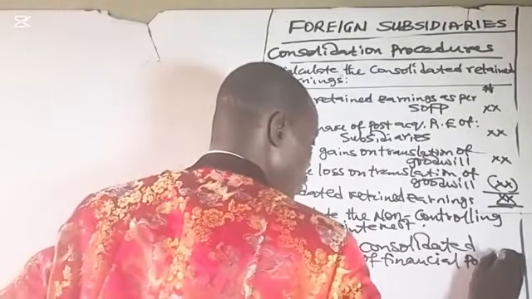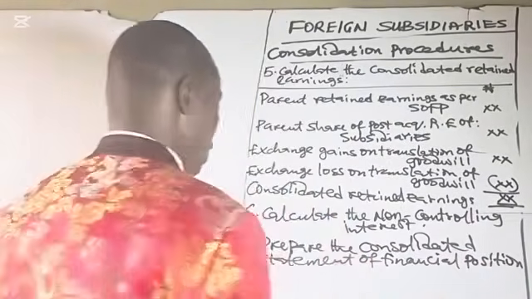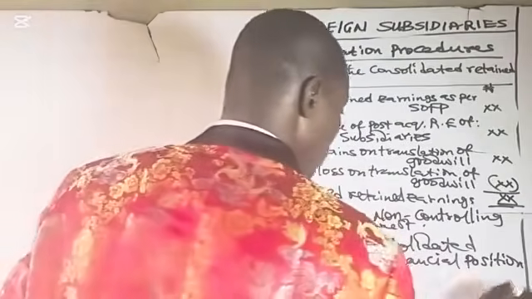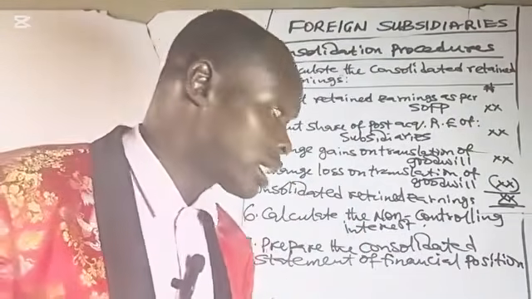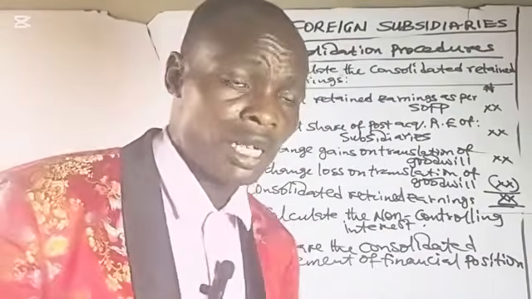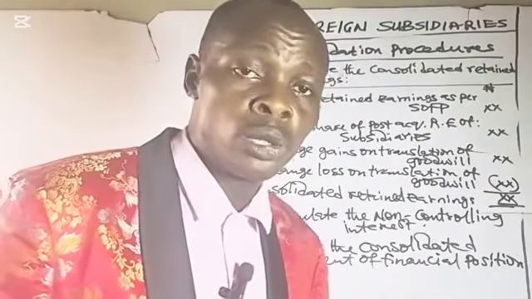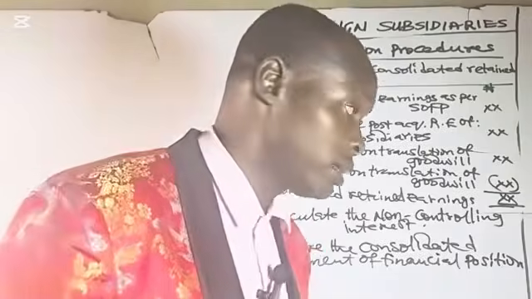These are the procedures or steps you need to follow when solving the consolidated financial statements of the foreign subsidiary. Please watch this video to the end for better understanding.